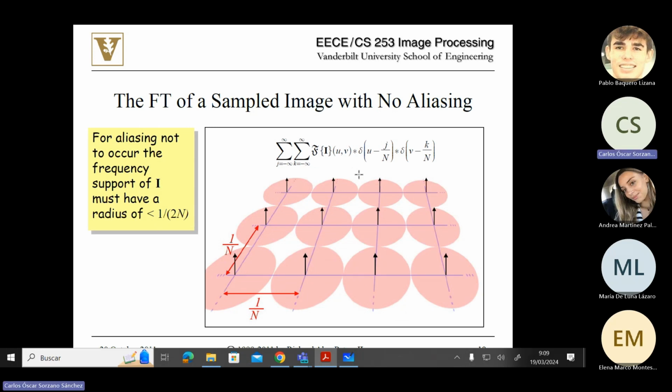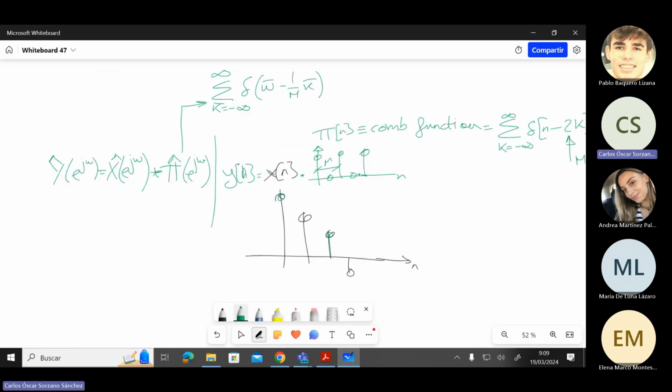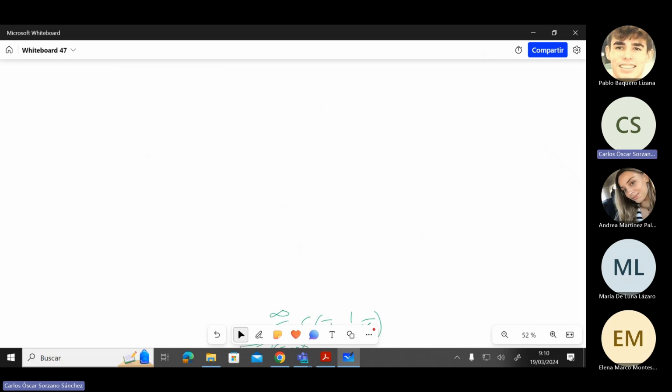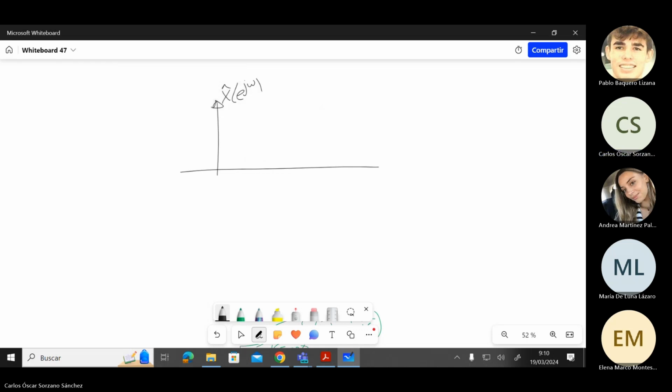So if there is no aliasing, let's say that my spectrum goes only from -pi/2 to pi/2.